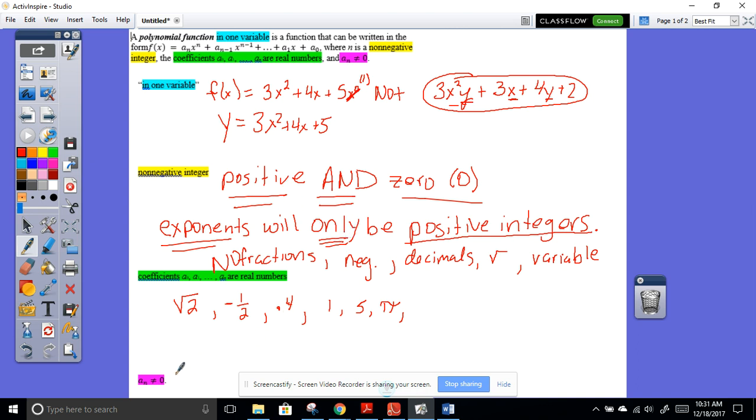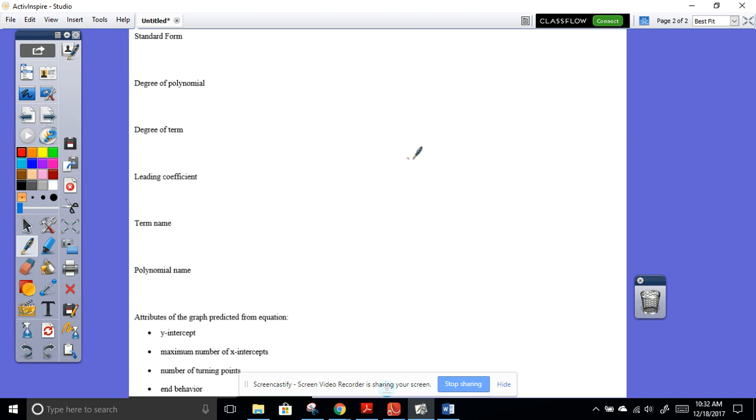Okay, and this right here was just saying that the leading coefficient can't be 0. We'll say in words, will not be 0. All right, so let's start looking at some of these terms that they give us.